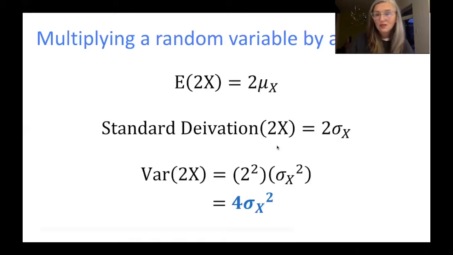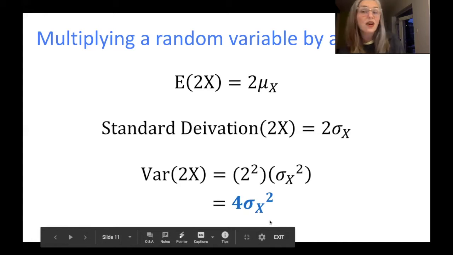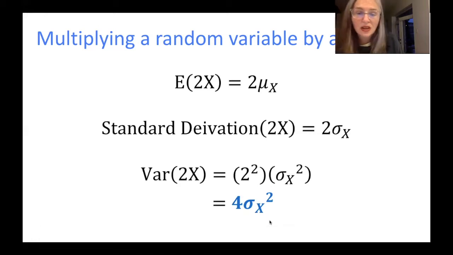I think about squaring this, and remember, squaring the standard deviation is how I get to the variance. Then I'm squaring the times 2 of the standard deviation, and it's becoming 4. If this had said multiply the random variable times 3, then the variance would be changed times 9. The variance is going to be changed by the square of the multiplier, okay?